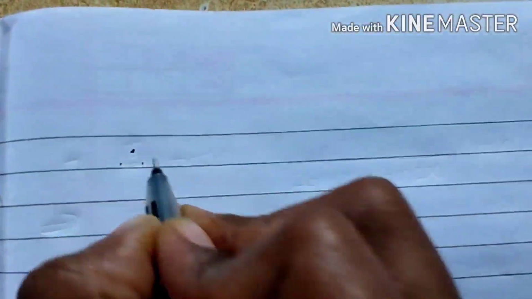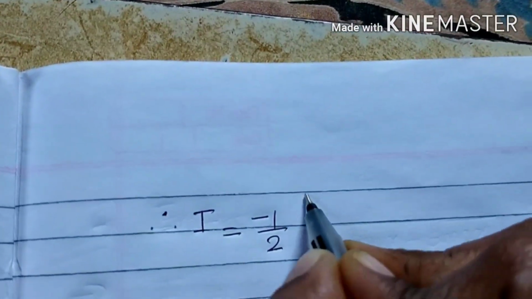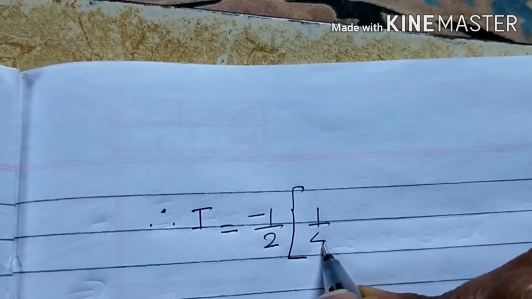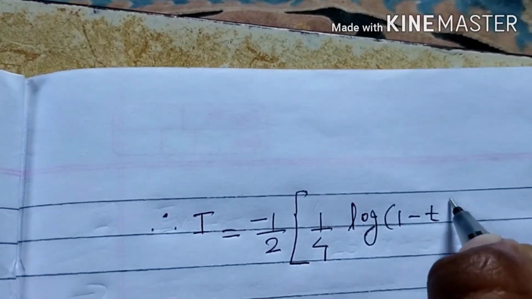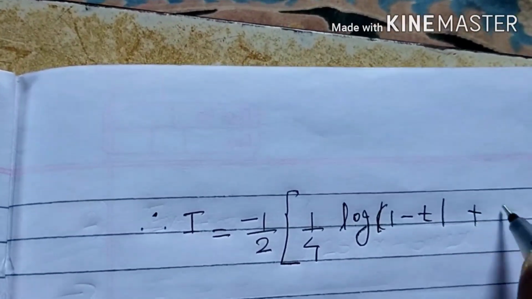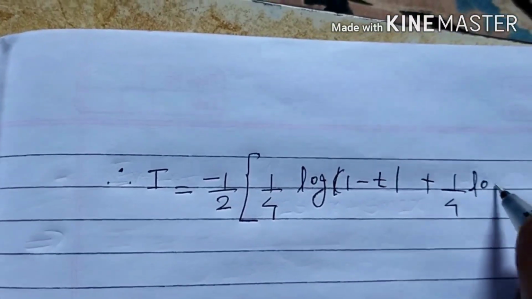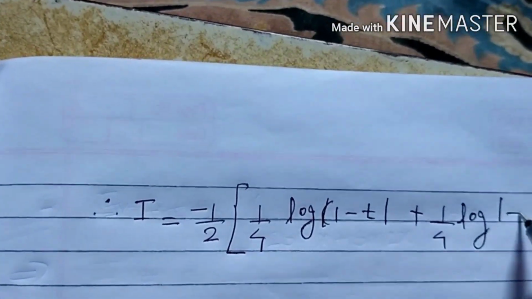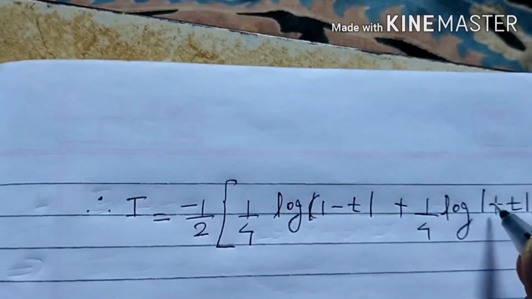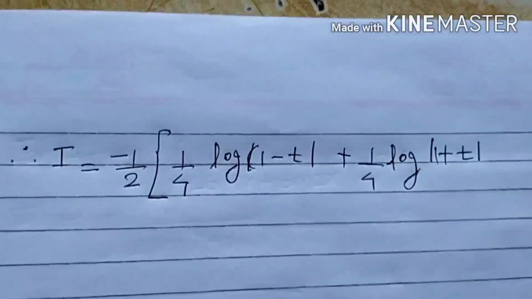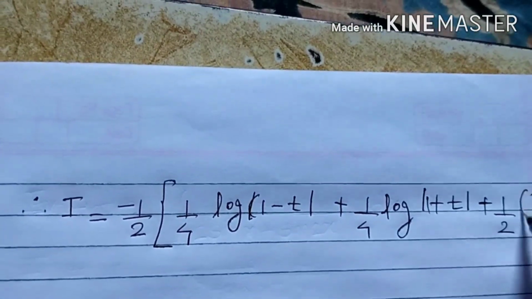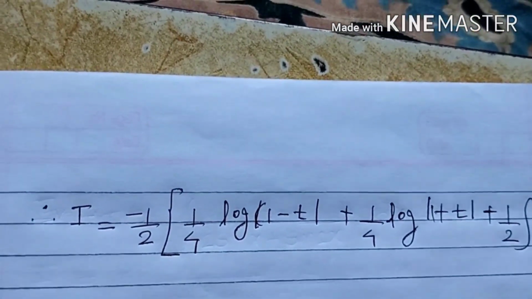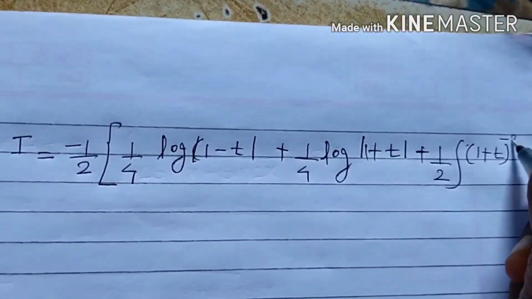Therefore I is equal to minus 1 by 2, it is 1 by 4 log of 1 minus t plus 1 by 4 log of 1 plus t, and it is 1 by 2 integration of (1 plus t) to the power minus 2 dt.